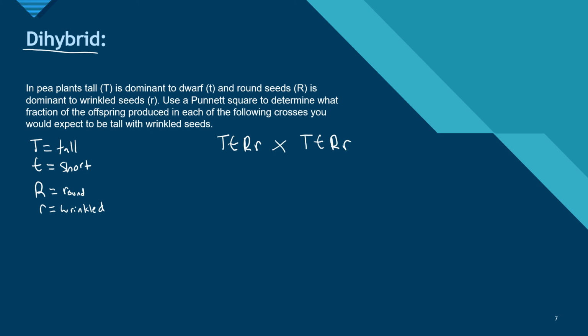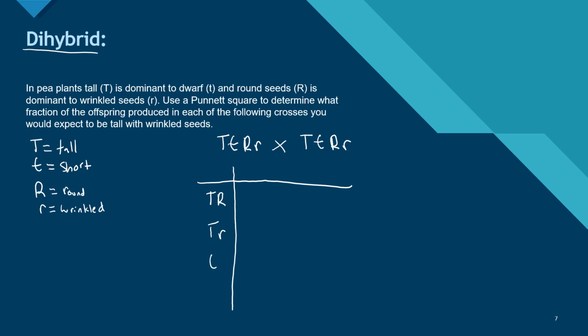So now we can do our Punnett square, and this Punnett square takes super long. So we have big T, big R, and you just sort of put them together as how their capital letters would go together. So then we have a big T, little r, so sort of like the combinations they could be.